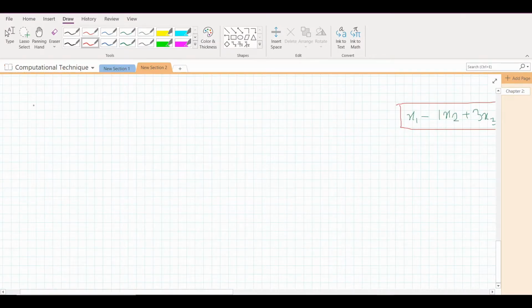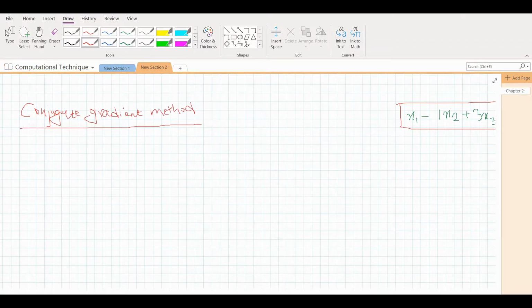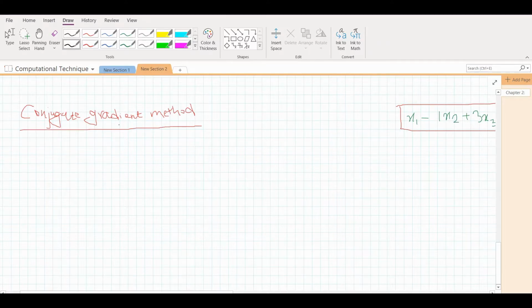Now we move into conjugate gradient method. Conjugate gradient method is one of the numerical methods to solve linear equations iteratively. Gradient means slope. So these methods use slope to solve the problems.